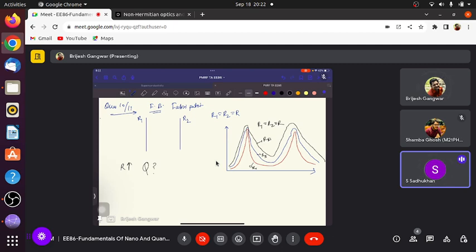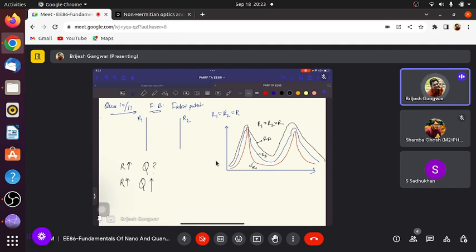Sorry, just give me one second. RC is the red one. Then the Q factor will increase with RC. No, I am just asking in general, if our reflectivity increases, what will be the effect on the Q factor?